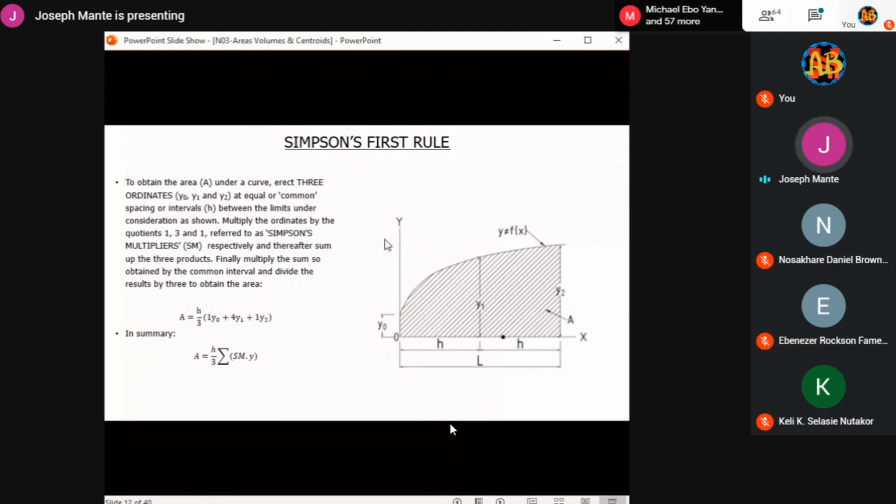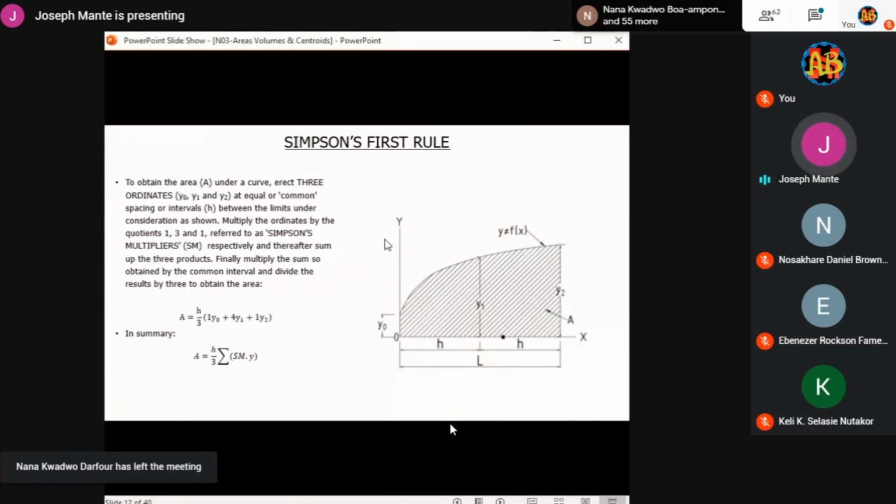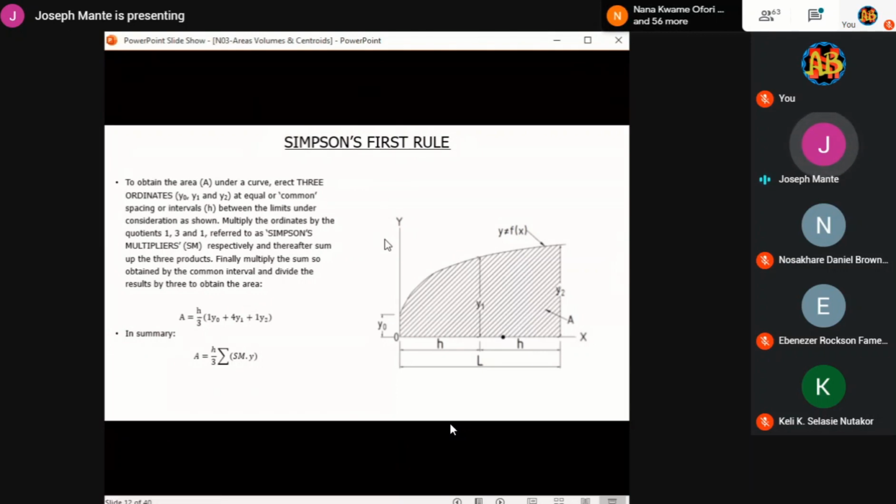We have already said that the shape is very difficult to calculate for its area, honestly, because it is an irregular body. So people have sat down to come out with a lot of ways to calculate its area. We are using Simpson's first rule. It's a rule, honestly. Someone sat down to come out with all these rules. You need not generate your own thing. It's a rule that each and everyone has to follow.